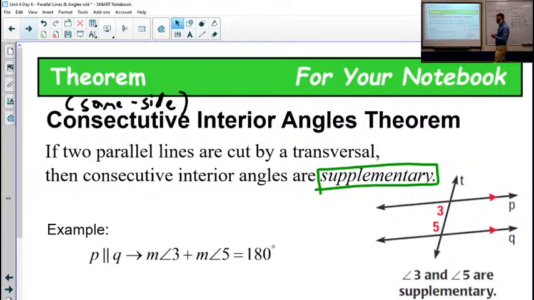Because same side interior, first of all, interior, they're on the interior, inside the parallel lines. But this time, I call them same side because they're on the same side of my transversal. 3 is on the left, and 5 is also on the left, versus my alternate when they were on different sides of the transversal, when I had one on the left and one on the right.